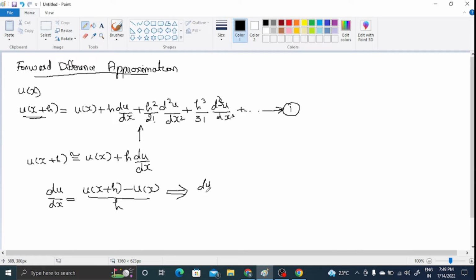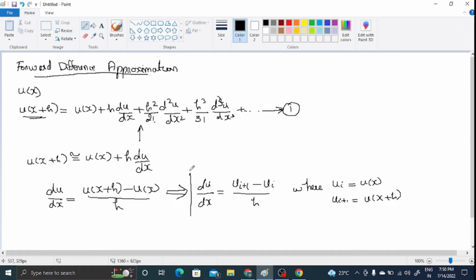We can write the next position as u i plus 1 minus the current position u i, divided by h, where u i is equal to u of x or u of x i and u i plus 1 is equal to u of x plus h.